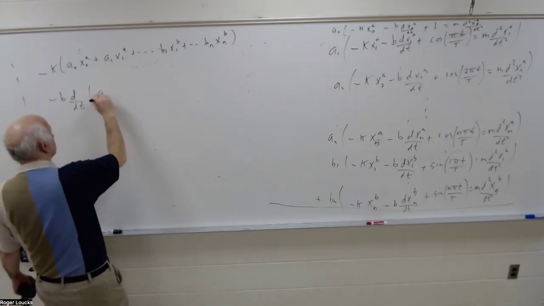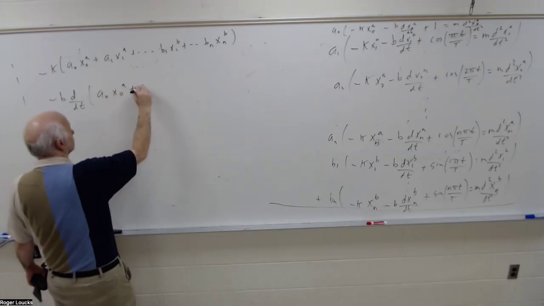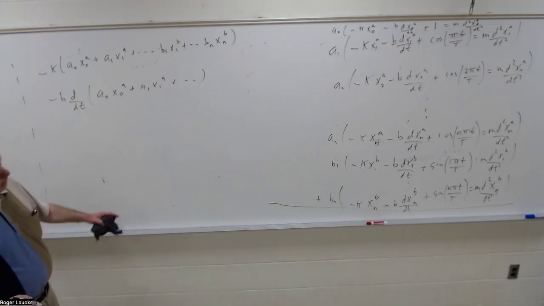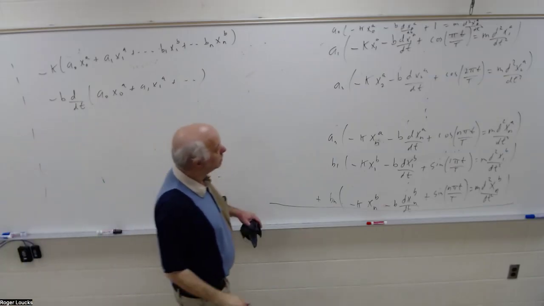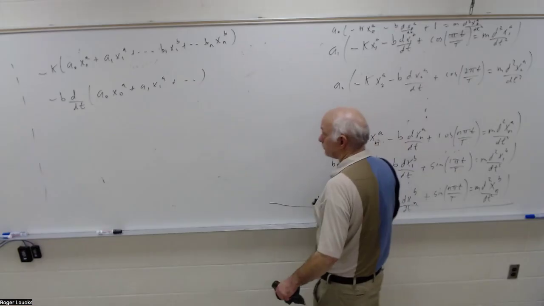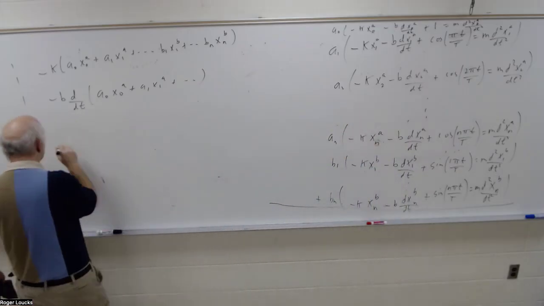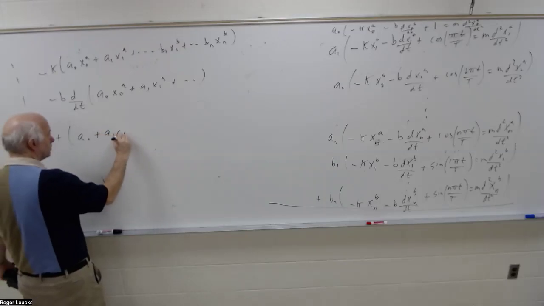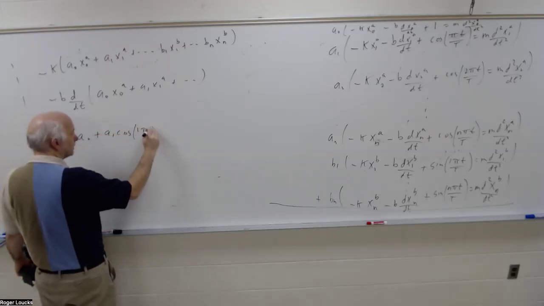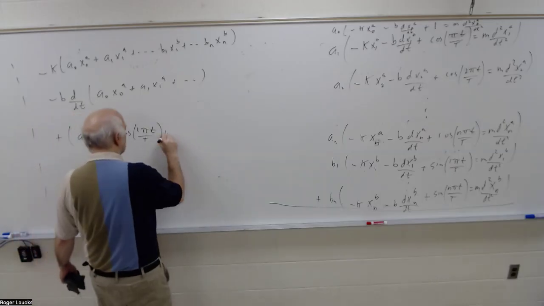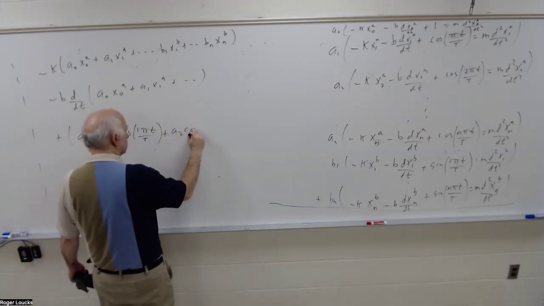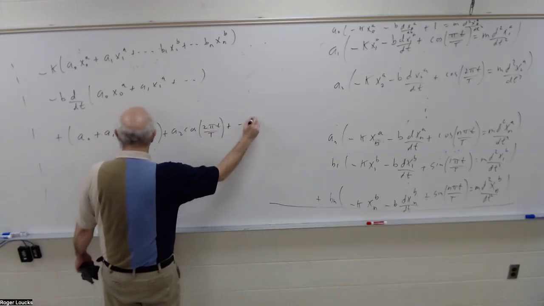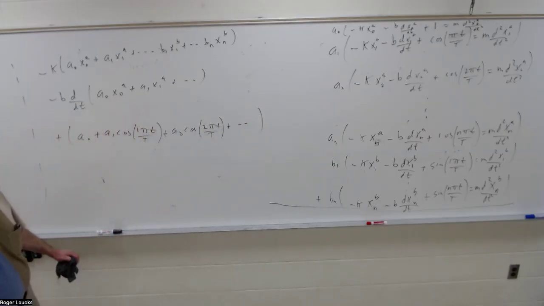And what would this be? This would be the a0 x0a, this a1 x1a, the whole thing here. Then I could add up all these terms here. And what would that give me? That would be this a0 plus a1 cosine 1 pi t over T plus a2 cosine 2 pi t over T. I can then put in all those other terms here as well.